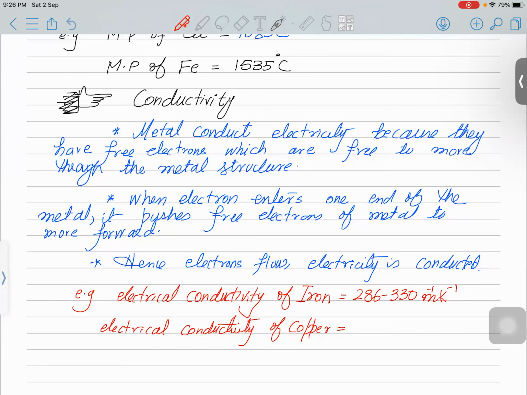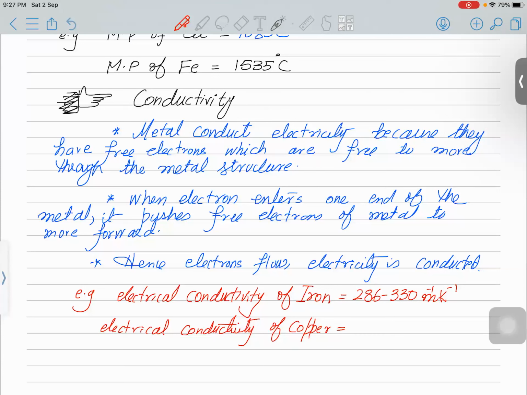Not in m inverse, K inverse. Sir, I found it in the table.